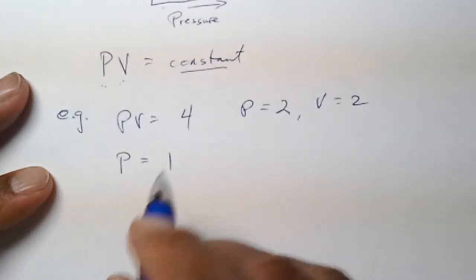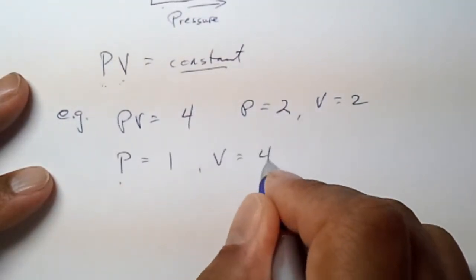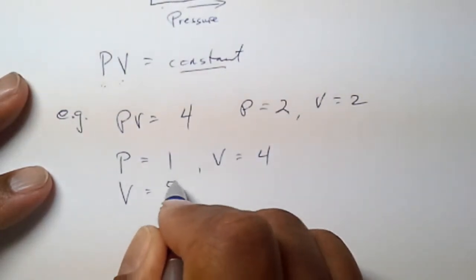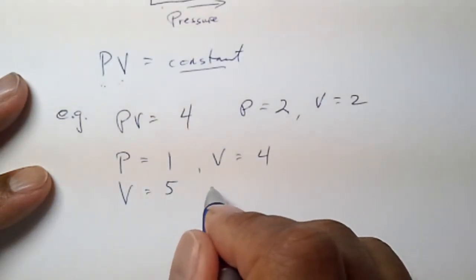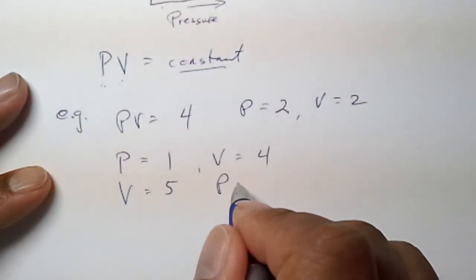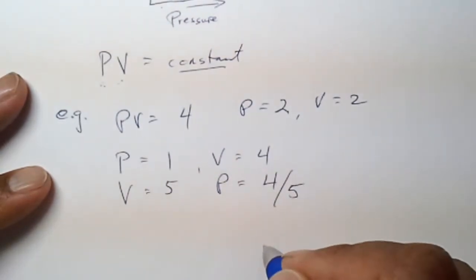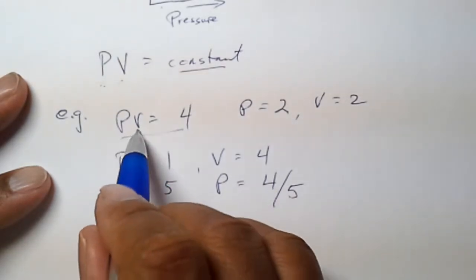In order for this constant to remain, our volume must equal 4. And if our volume is 5, then our pressure would have to be 4 over 5.